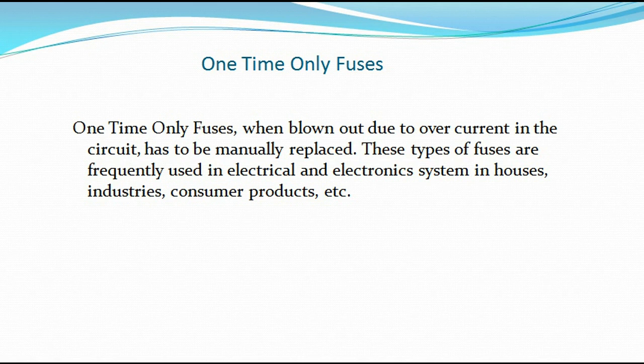It could be that the current that entered the circuit is above the fuse rating. Definitely the fuse will blow up or cut off. Therefore, it has to be manually replaced. It means that one-time only fuses must be manually replaced.